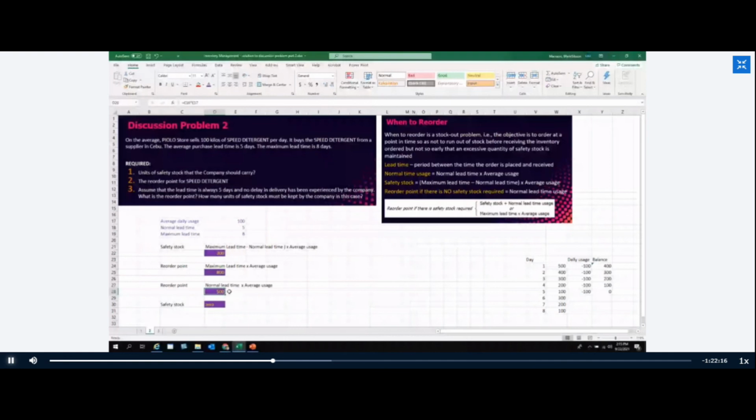Wala daw delay in delivery ever, no? So therefore, our safety stock is 0. Bakit? Kasi nga they can deliver within the normal lead time, no? Tandaan, ang safety stock lang naman is nilalagay natin diyan kung meron ngang delay, no? That's why we're also establishing the maximum lead time, no? Okay? So that's problem number 2.